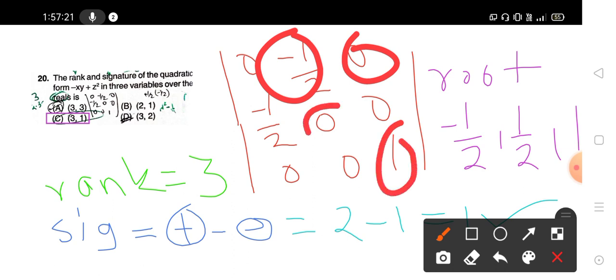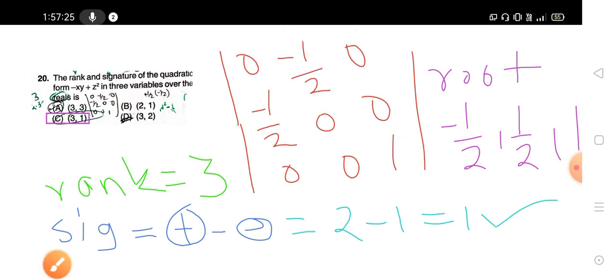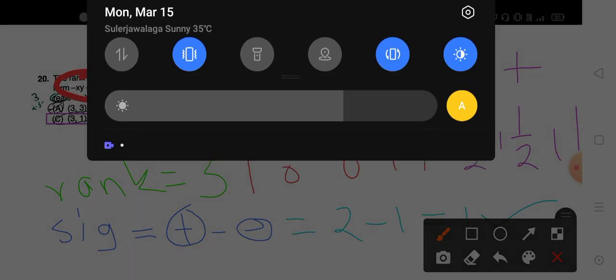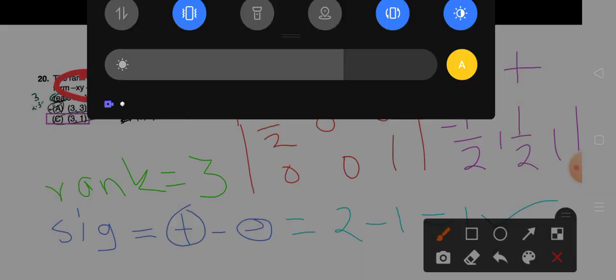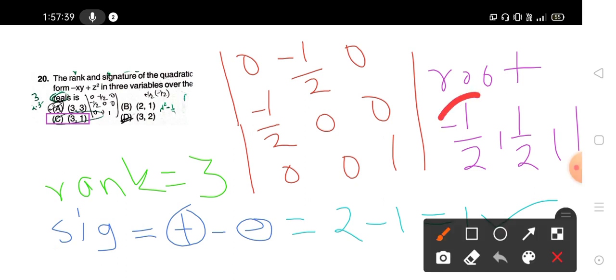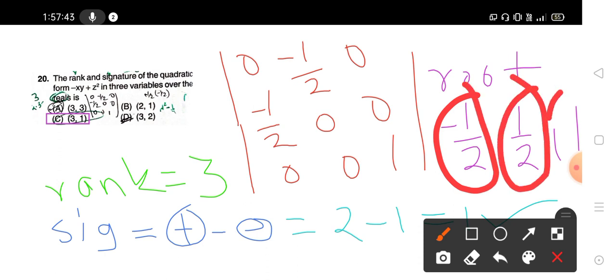Here y square is 0, x square is 0. This is written as this matrix, and find its eigenvalues. Here eigenvalues are plus or minus 1 by 2, and 1 is an eigenvalue. Here rank is 3.